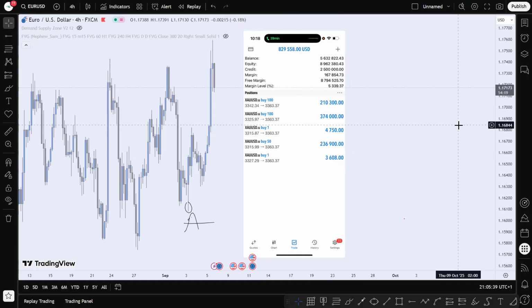How much do you see in floating profits? 829,000. Good. It better not be 82,000. So this is 829,000, yes, $829,558.